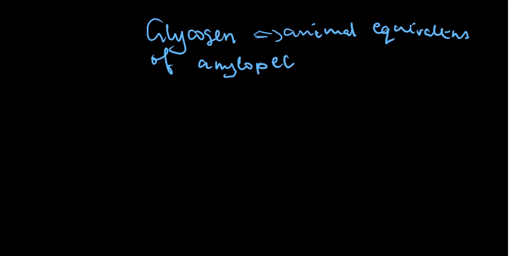So when you look at glycogen, this is a food storage or energy reserve in eukaryotic cells, for instance, an animal cell. So it is an animal's equivalent. This is to tell you that it is similar to amylopectin in structure. So this would tell you that glycogen has 1,4 glycosidic bonds as well as 1,6 glycosidic bonds between its monomers.